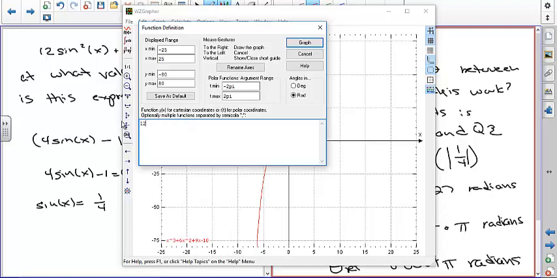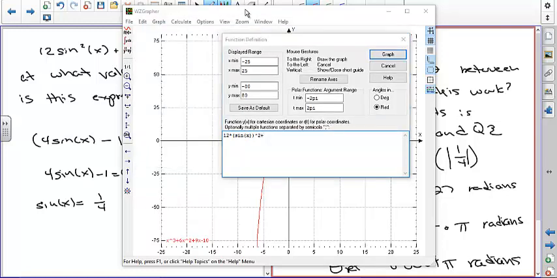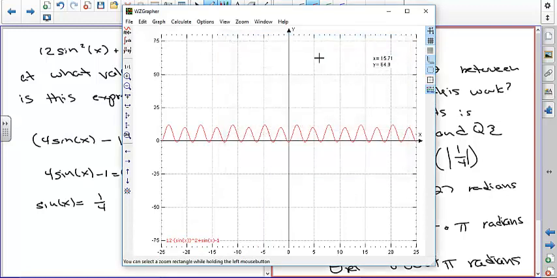So 12 times the sine of x squared plus, was it 4 or 1? It was just 1. So it's going to be the sine of x minus 1. Okay, I think that's the function.